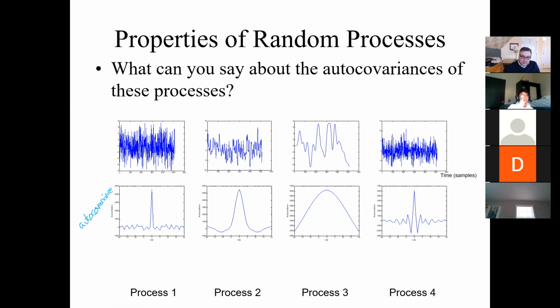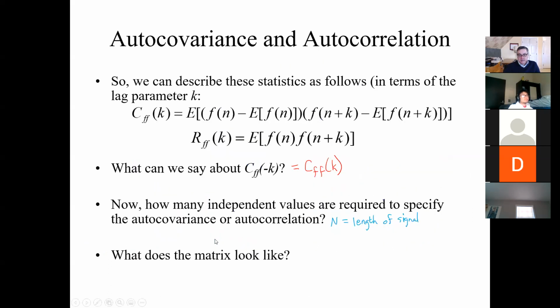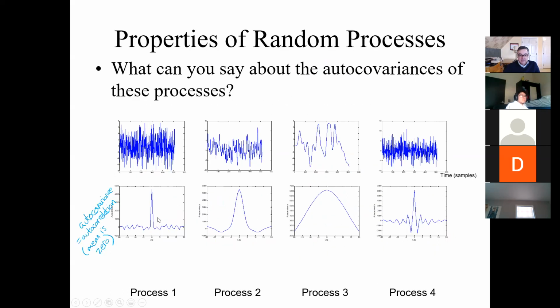By the way, it says autocorrelation, which is equal because the mean is 0, because I made them that way. Okay, so we're not worrying about the difference there. If I go back to here and say, okay, if the expected values are 0, then the autocovariance and autocorrelation are the same thing. Okay, and so that's what we have here.